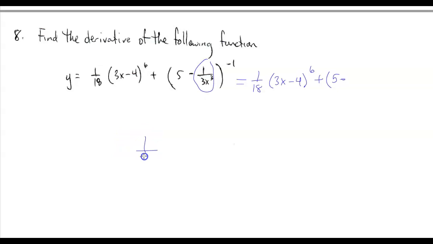Now notice 1 over 3x cubed means 1/3 times 1 over x cubed. Oops, I said x squared. That's supposed to be x cubed. Sorry. So this means the same thing as 1/3 times 1 over x cubed, which means this is 1/3 times x raised to the negative 3.